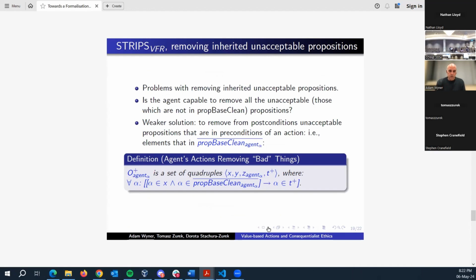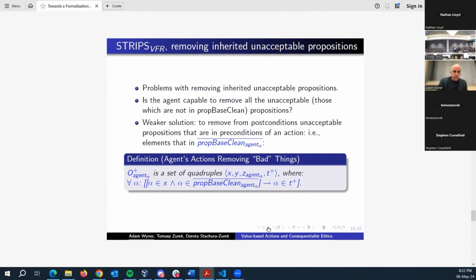So we have an expression here which allows us to remove propositions which are incompatible with an agent's prop base clean. So we want to remove inherited unacceptable propositions. We can have some discussion about whether you're allowed to do this, sort of the nuclear option where you can remove all the bad propositions all at once, or whether you remove them incrementally.